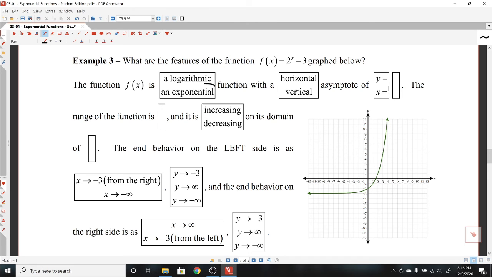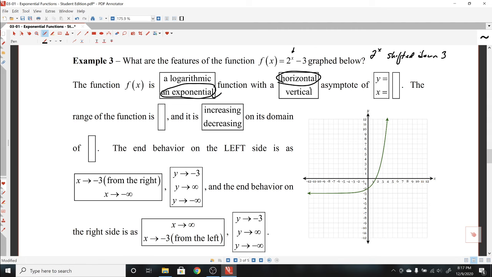Well, it's exponential. Again, how do I know that? Two reasons, really. One is I have a variable exponent, which makes it exponential. And two, it's not logarithmic because we don't see the log part that you'll see next week. All right. Because it's exponential, we have a horizontal asymptote of, well, this is the graph of 2 to the x shifted down 3.